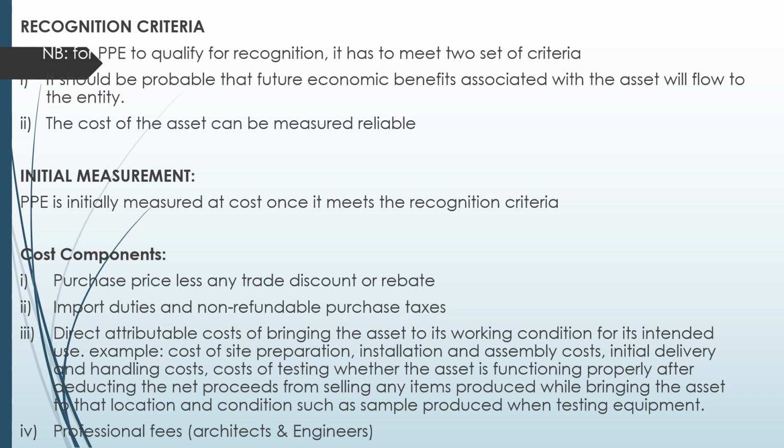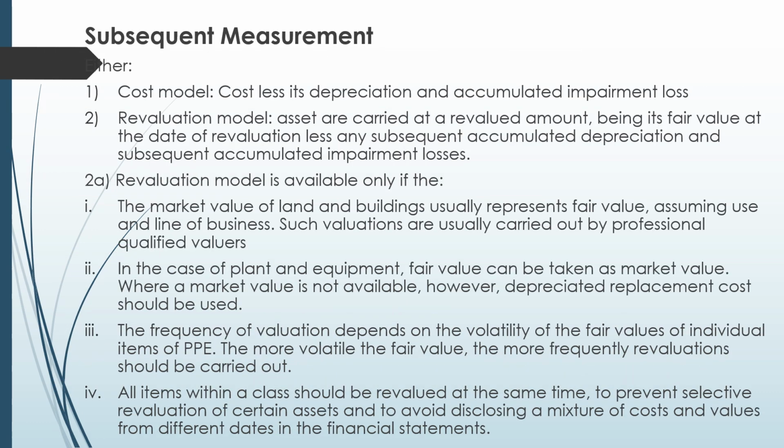When we produce the juice and sell, any money realized from the sale should be subtracted from the cost incurred in testing, and the net figure should be added to our cost components. Also, any cost incurred in hiring a professional, or professional fees, will also have to be included in ascertaining our costs.